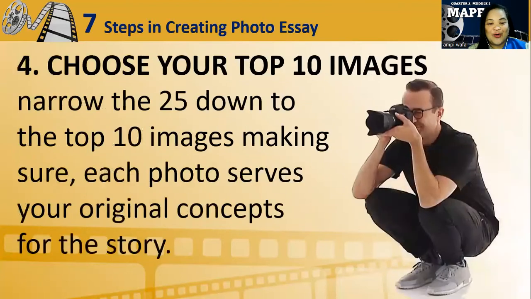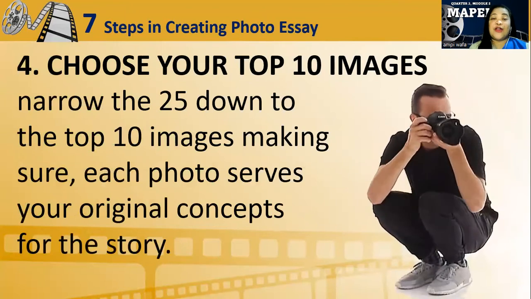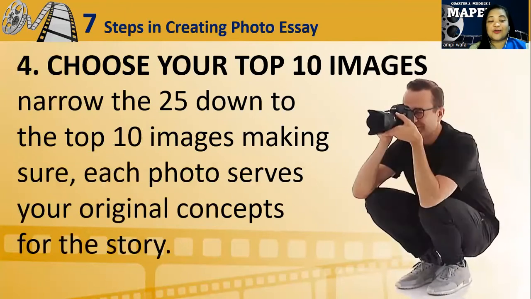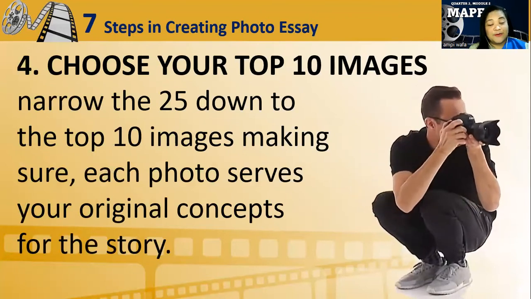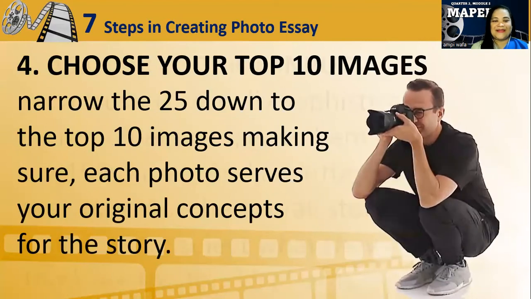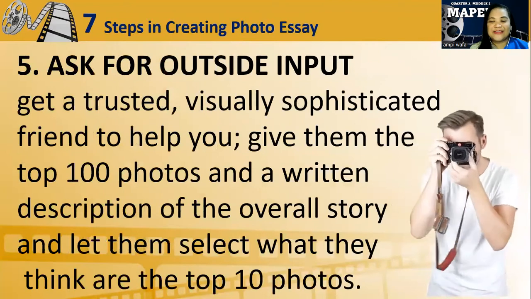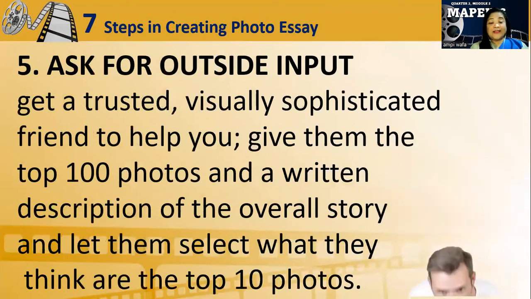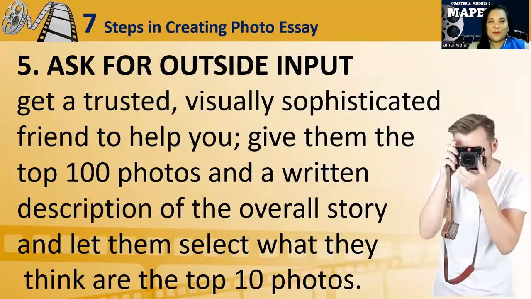And number 4, choose your top 10 images. Narrow the 25 down to the top 10 images, making sure that each photo serves your original concepts for the story. Number 5, ask for outside input. Get a trusted, visually sophisticated friend to help you.